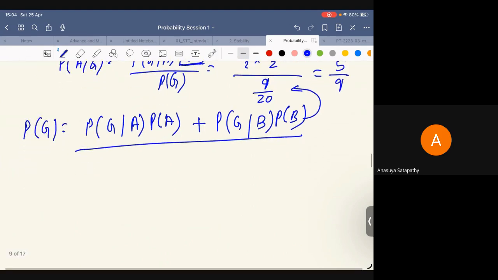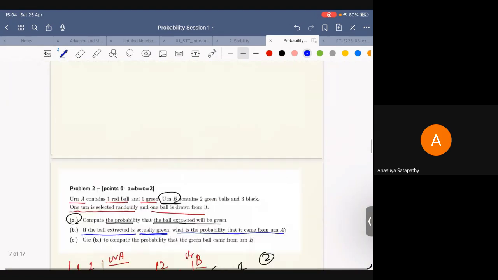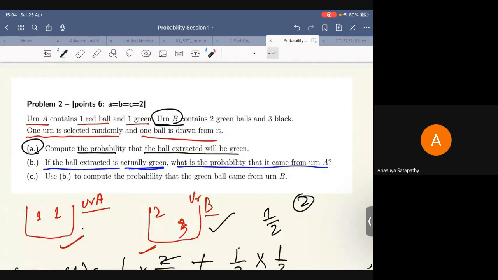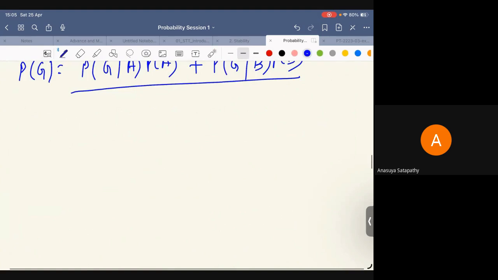Now go to C. What is question C telling? Whatever result you got for B, use it to compute the probability that the green ball came from urn B. It's the same question, but it is asking not from urn A, but from B, using the B concept. Can we say 1 minus answer of B?